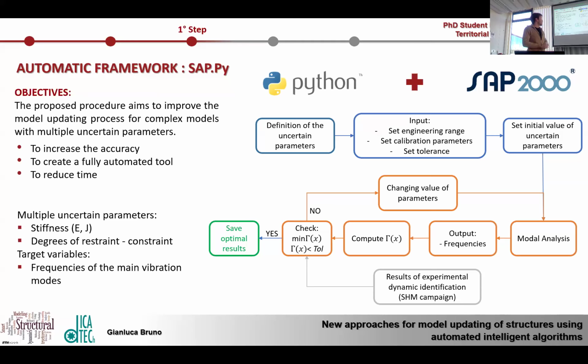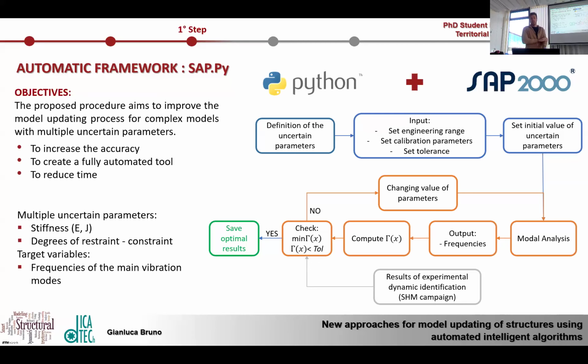After that, I create the model in SAP 2000, and the algorithm runs the modal analysis in the software and computes the gamma function that represents the error between the frequencies obtained by the OMA and the frequencies obtained by the model.